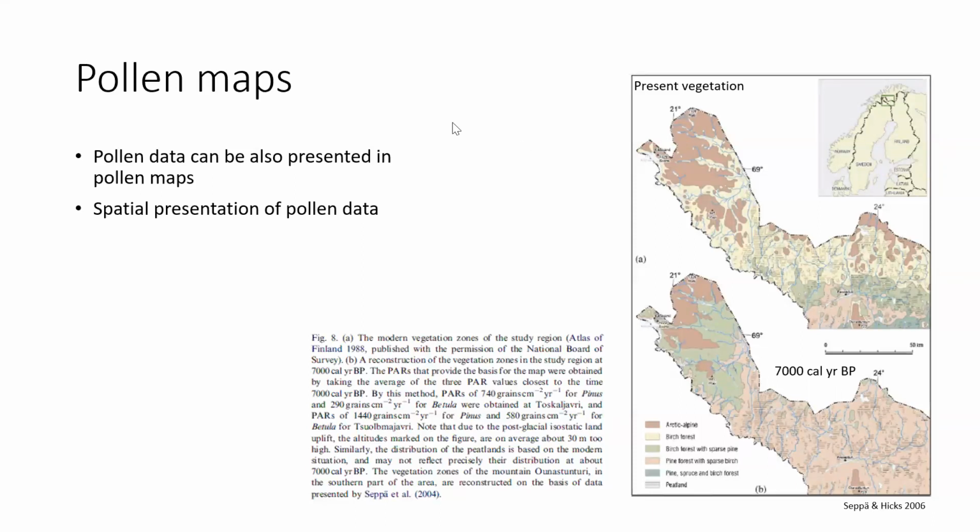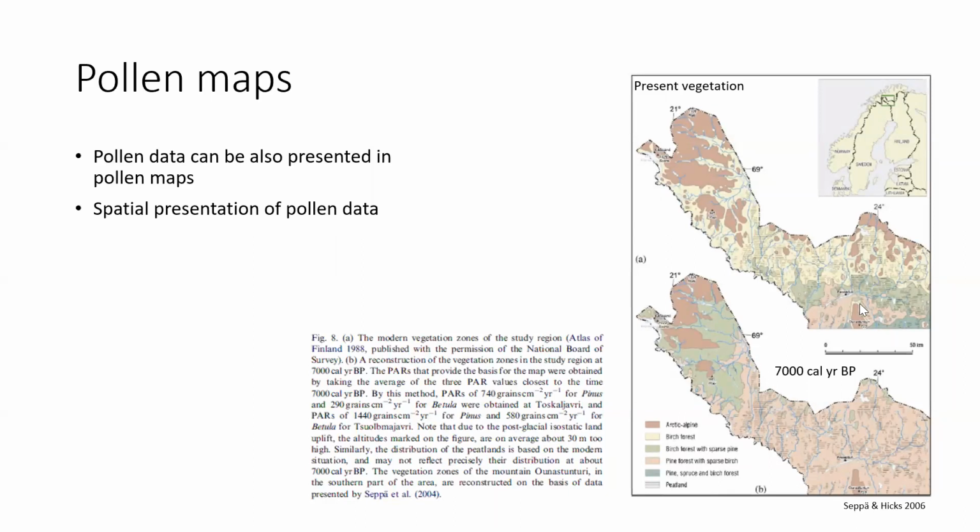For example, this map is from the same study that was the example of the pollen accumulation rates and percentage values of pine and birch. But here, the pollen data have been used to reconstruct a time window from 7,000 years ago, showing the vegetation in Finnish Lapland.